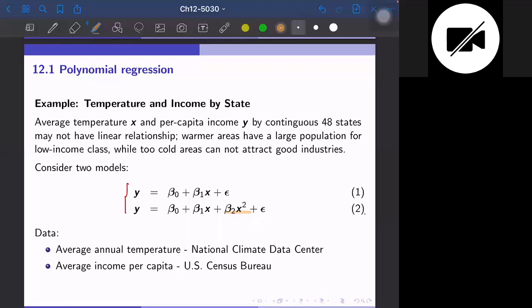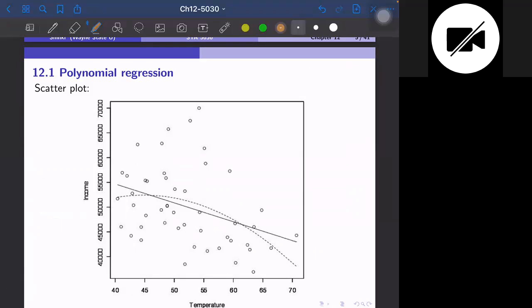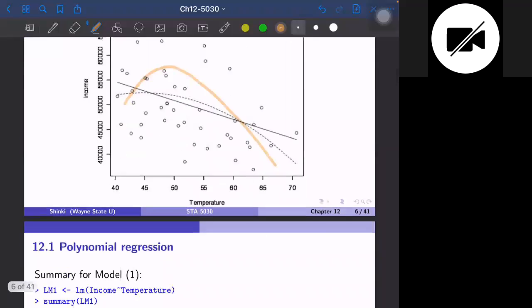This is the graph for the two models, and the fitted curves are indicated as a straight line for the linear and a dashed line for the quadratic. Maybe it looks like this kind of curve, but it's not really clear.